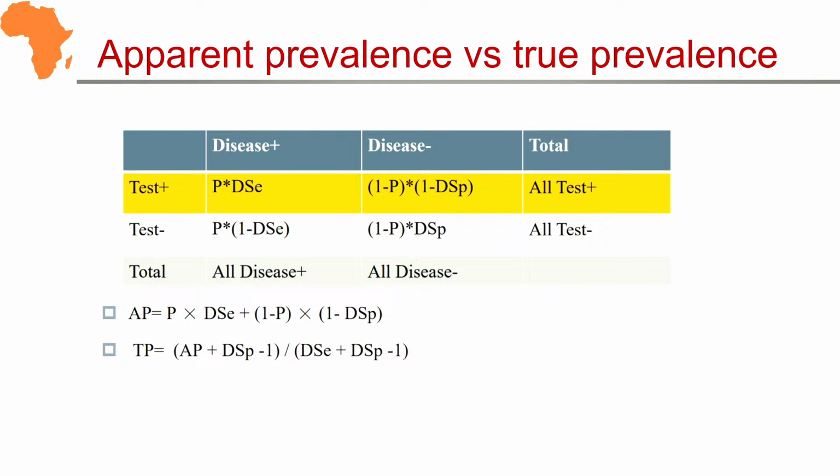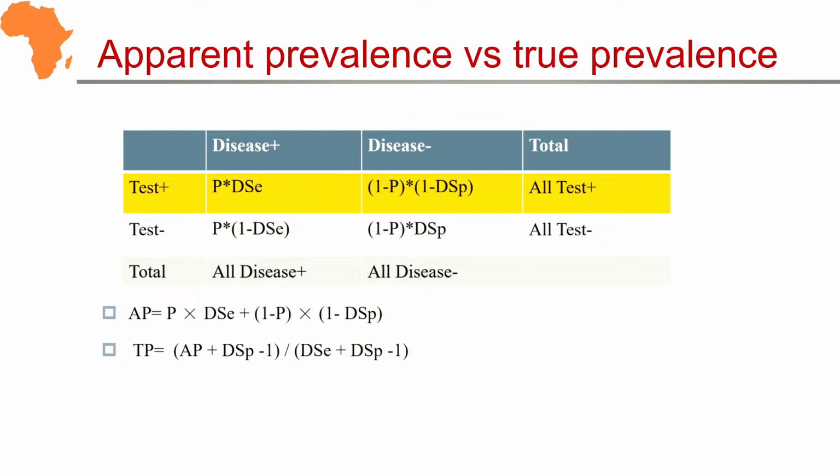Probability of this and probability of this is probability of this plus probability of that. You see where it's coming from? This is prevalence times sensitivity. These two, we add. This is 1 minus prevalence times 1 minus specificity. We are adding because they are independent events.